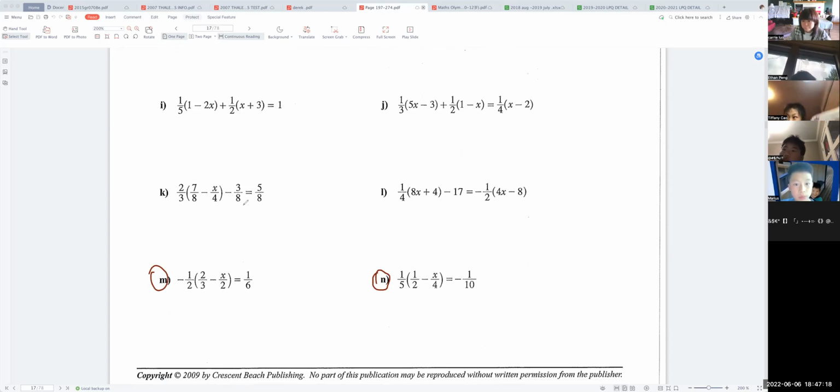Which grade? Sorry, can I go to the washroom? Of course.